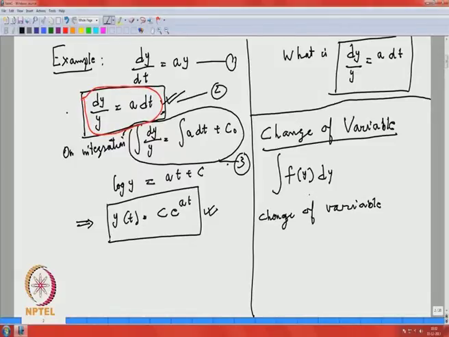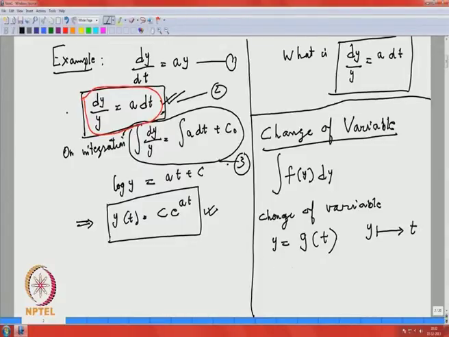And then you are making a change of variable, y equal to g of t. So, you have the independent variable y, and you are going to a new variable t via this relation.